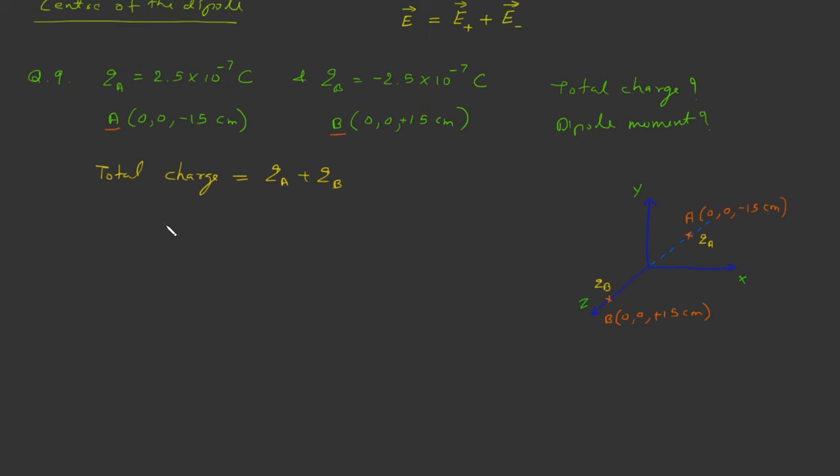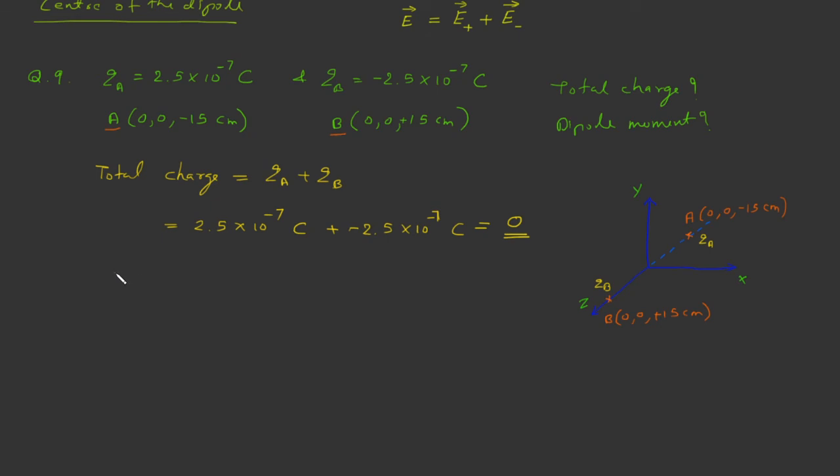We know QA is equal to 2.5 into 10 raised to minus 7 Coulomb, and QB is minus 2.5 into 10 raised to minus 7 Coulomb. So the resultant is 0. So we got the total charge is 0.